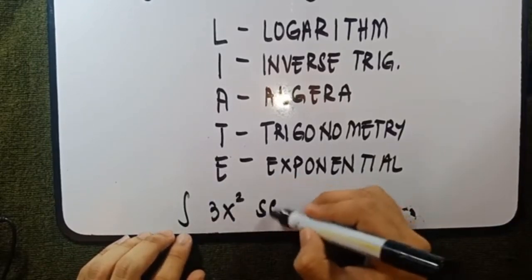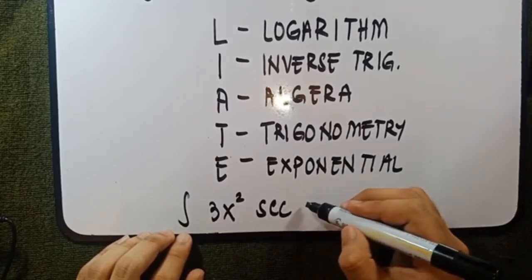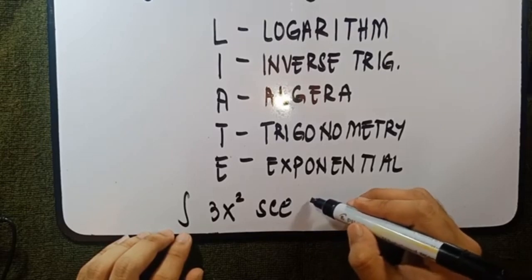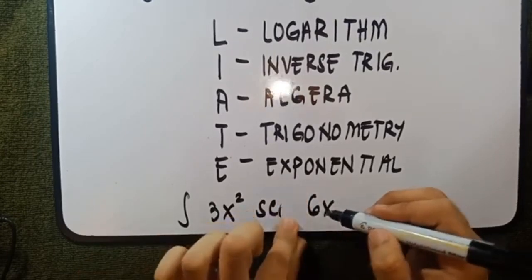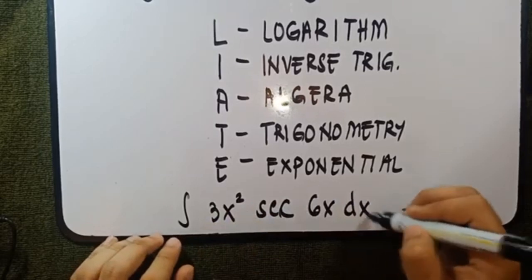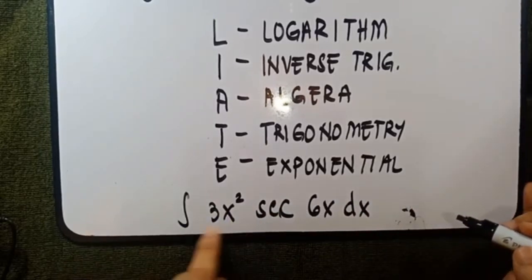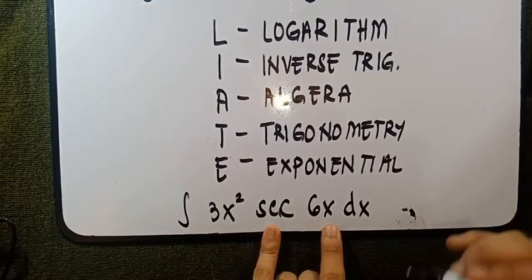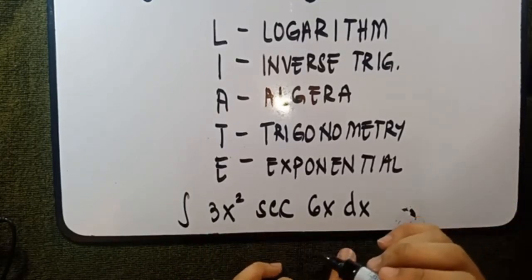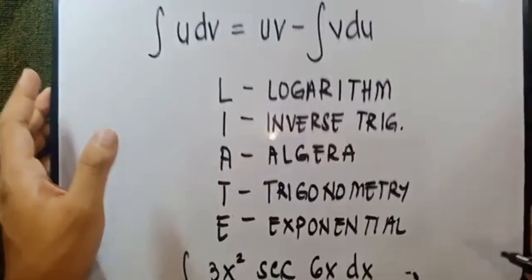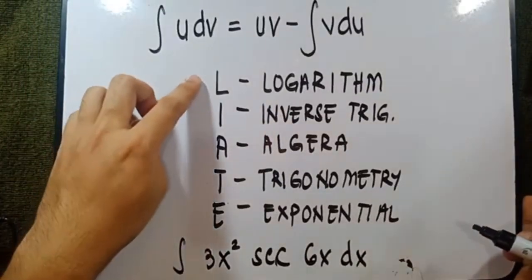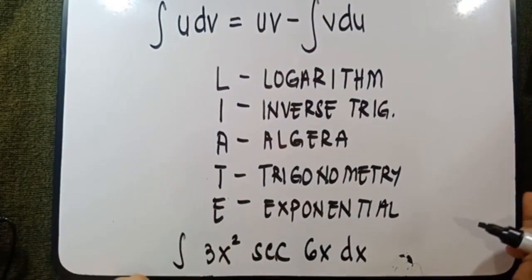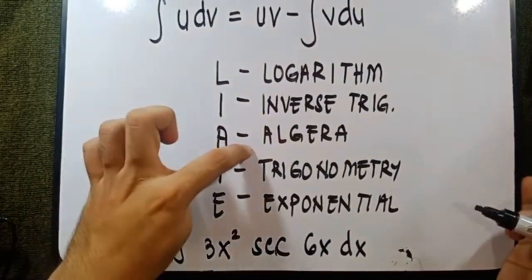Tapos, meron kang second 6x. Second 6x yan. So, meron tayong algebraic, meron tayong trigonometric. So, hindi natin alam kung alin dyan yung u, alin yung dv. So, base dun sa ating rule na LIATE, logarithm, inverse, algebra, trigonometric, exponential, ang priority, ang mauna ay algebra.